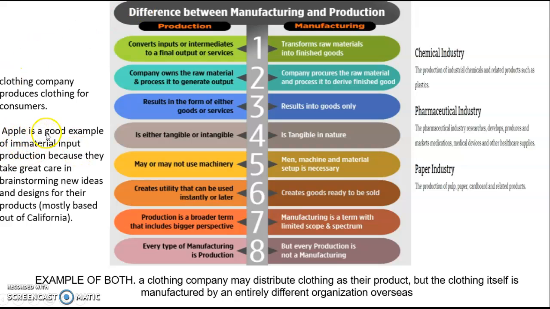They sell it to the consumers. Apple is another good example of immaterial input production because they take great care in brainstorming new ideas and designing the products. There are people creating new ideas for Apple. They are creating new software, new types of computers, tablets, or cell phones. But those are ideas inside the mind of the person, and then Apple hires another company to manufacture a cell phone, for example.